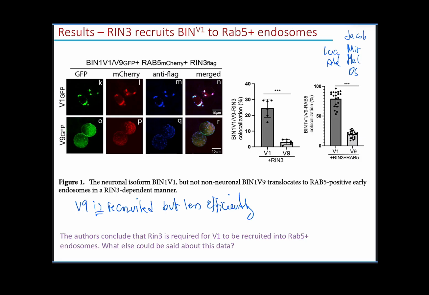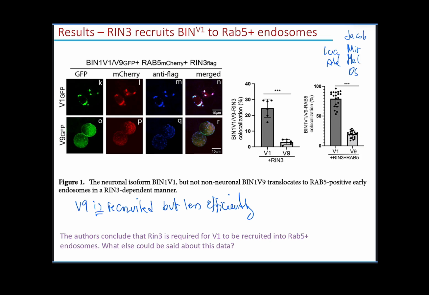So I'm going to take it back to what you said at the very beginning, something like V1 is required. That's what the authors conclude, but that's still not it. What the authors are concluding is that Rin3 is required to bring V1 to the endosomes. But what else are these very same data showing us?